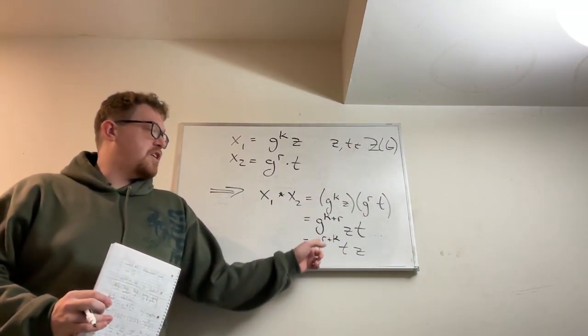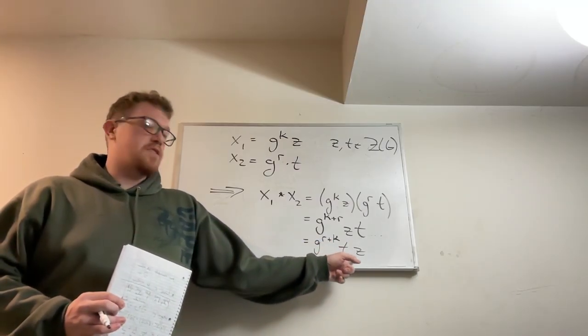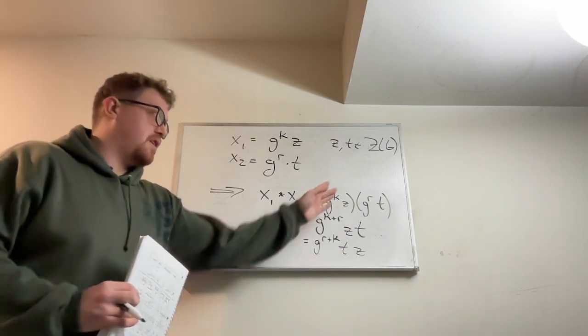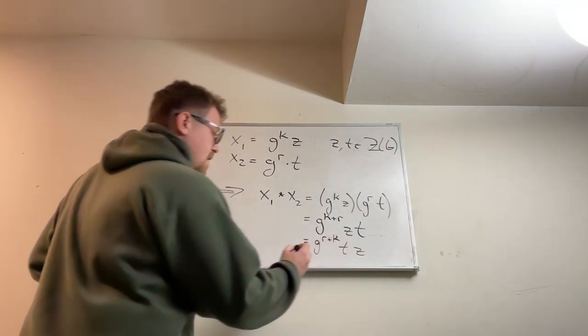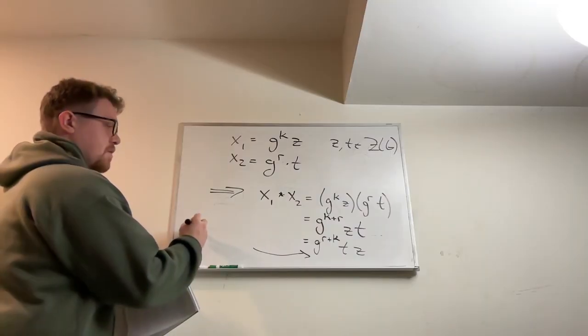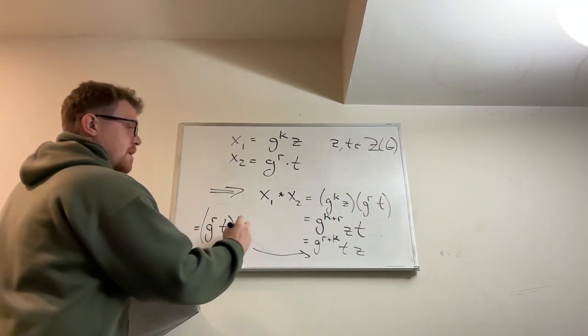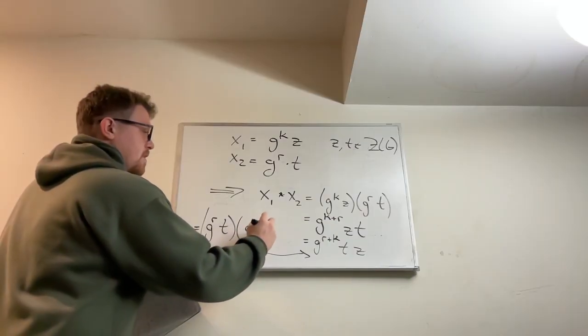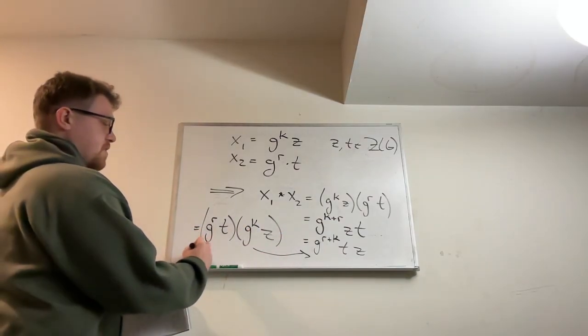So now it's just g^r times t, and I can move g^k to the other side of t because t is in the center. And therefore, finally, I'll write the answer over here, this is equal to g^r t times g^k z. And this is exactly x2 times x1.